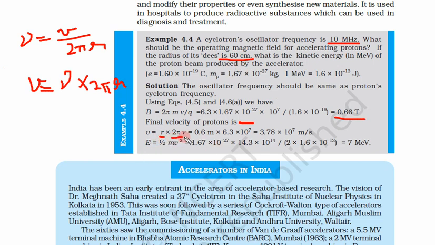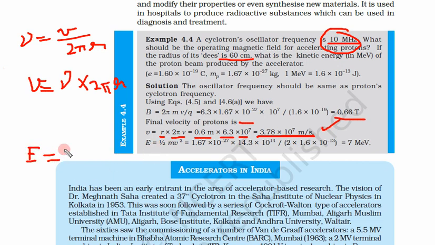So R into 2 pi nu, that is the frequency. R is 0.6 meter, 2 pi is 6.3 and frequency is 10 to power 7 hertz, 10 megahertz. When we calculate, this comes as 3.78 into 10 to the power 7 meter per second. This is the velocity. Now what is the energy?